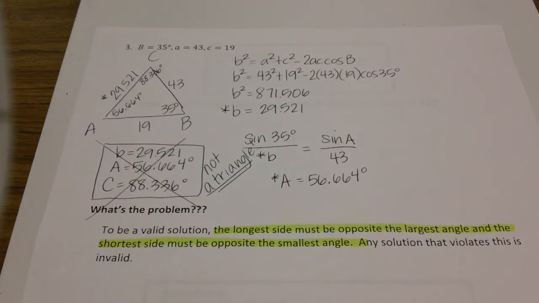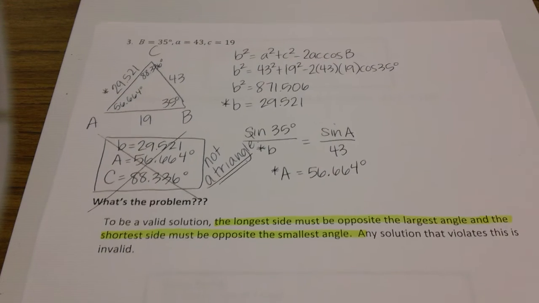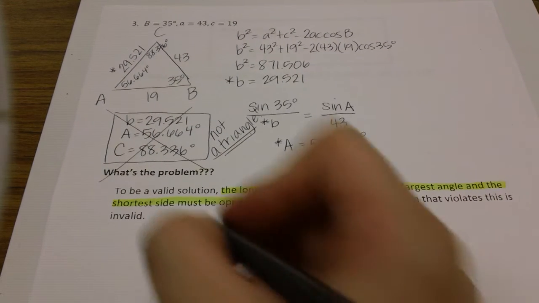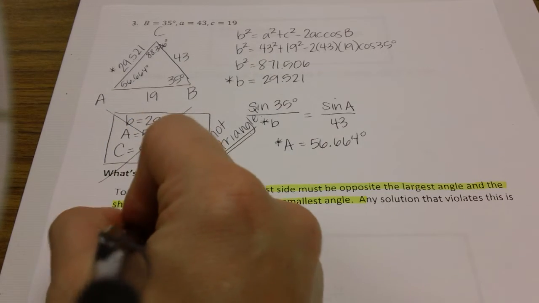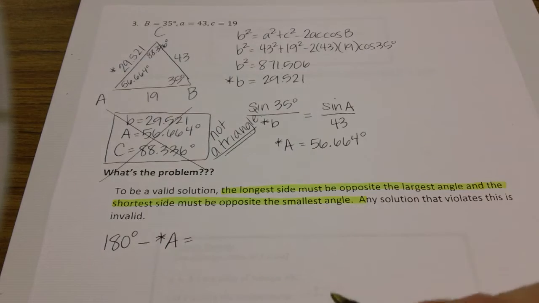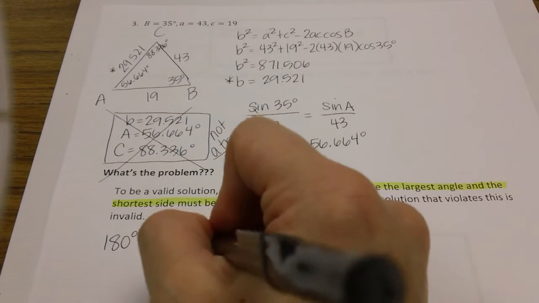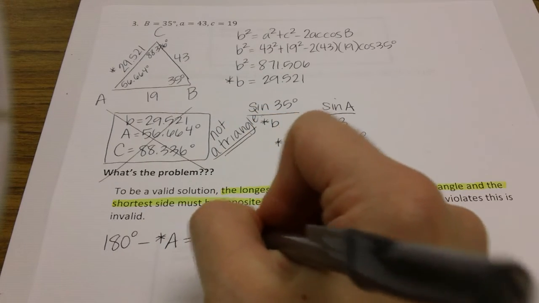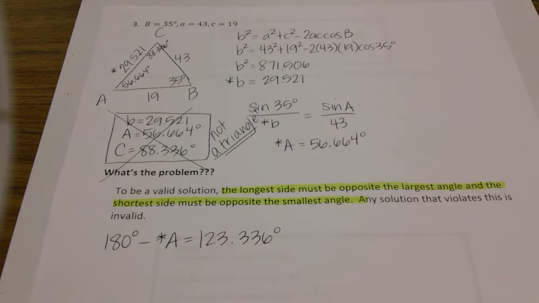Okay, since we found angle A first, just like what we did with the law of sines yesterday, we're going to take 180 degrees minus our stored A angle. When we do that, we get 123.2336 degrees.